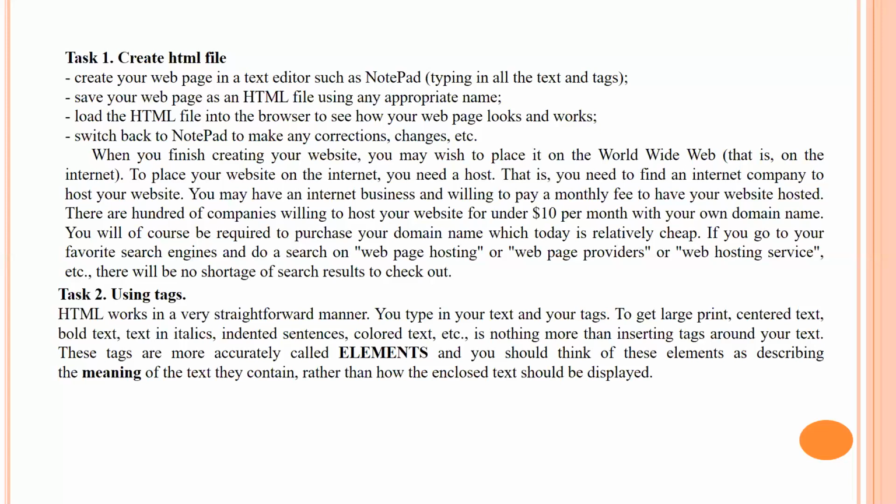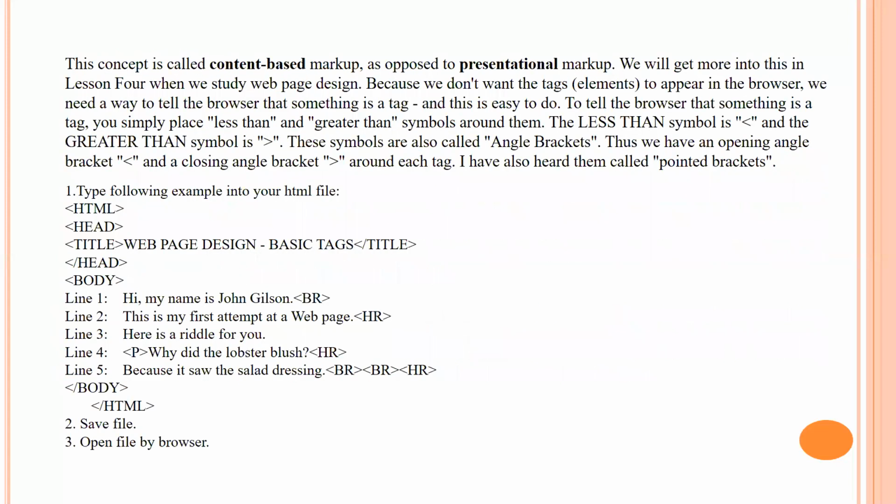These tags are more actually called elements, and you should think of these elements as describing the meaning of the text they contain, rather than how the enclosed text should be displayed. This concept is called content-based markup, as opposed to presentational markup. We will get more into this in lesson 4 when we study web page design.